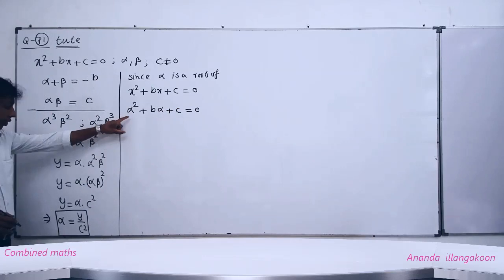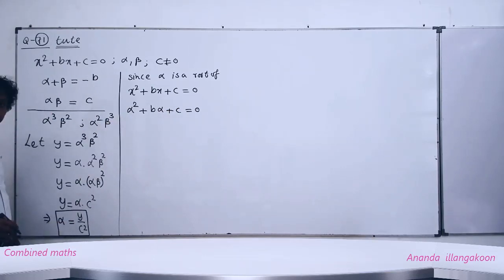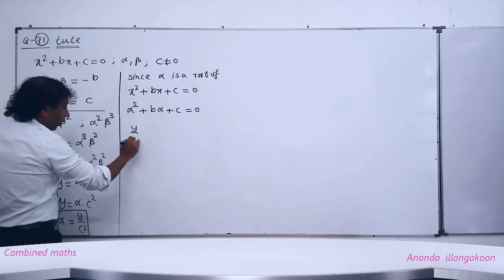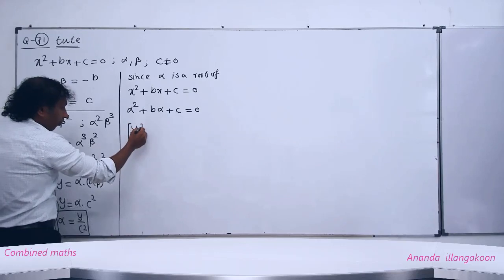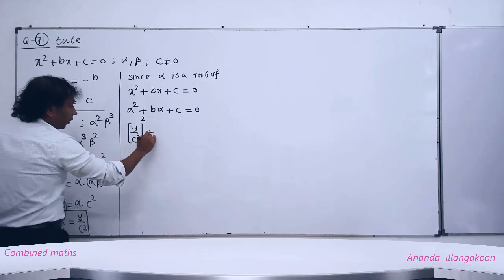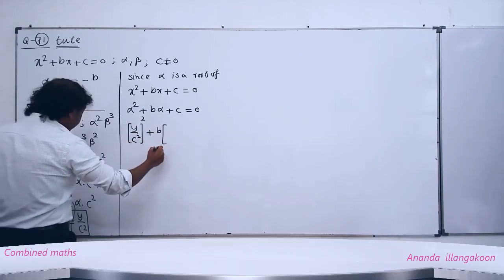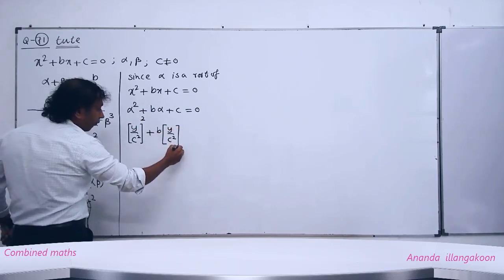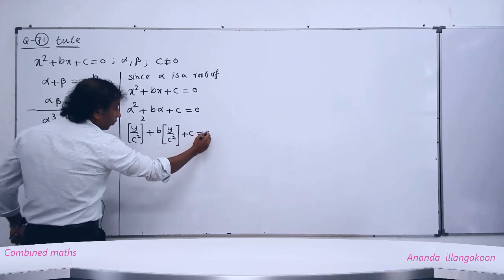Now for this alpha, I substitute y divided by c squared: y divided by c squared, the whole squared, plus b times y divided by c squared, plus c equals 0.